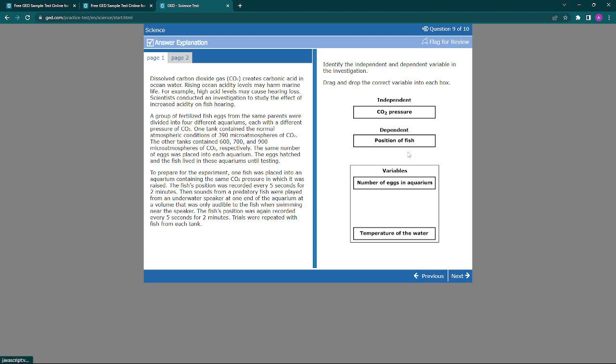There you go. But yeah, just to explain that a little bit, the position of the fish is going to change, and they proved that the fish from tank A or whatever had different behavior. They swam away from the speaker, whereas fish from tanks B, C, and D, the 600, 700, and 900, they did not. I think is what they said.